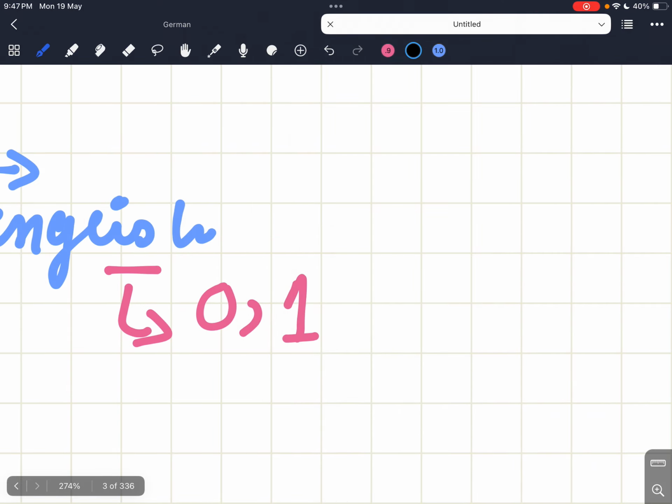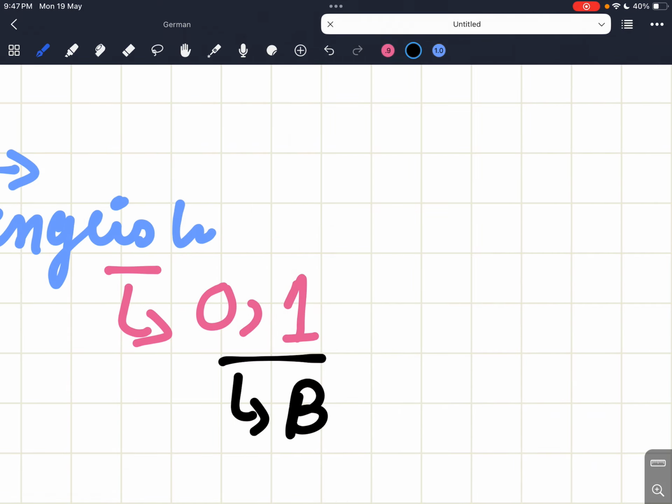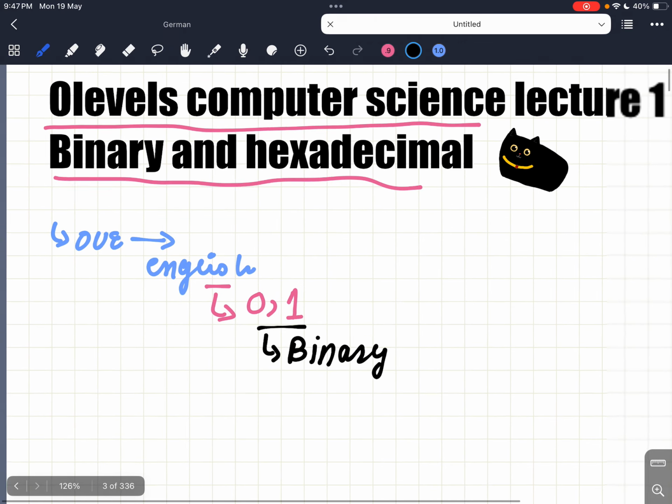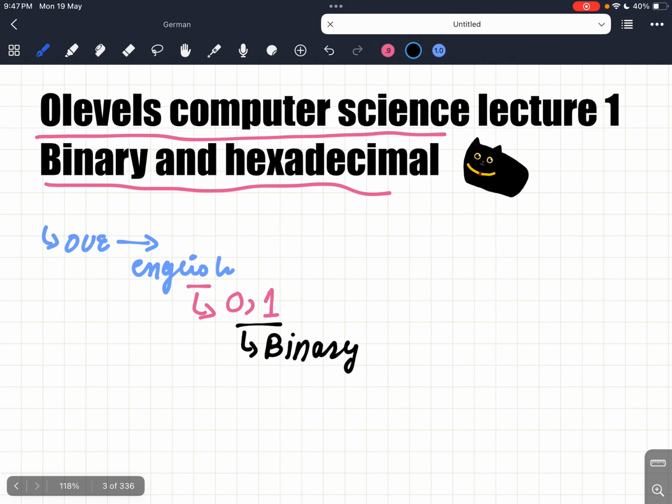Why are they called binary numbers? Binary because bi means 2. So what we understood for now is that the computer does not understand our main language, but it does understand 0 and 1, the binary language.